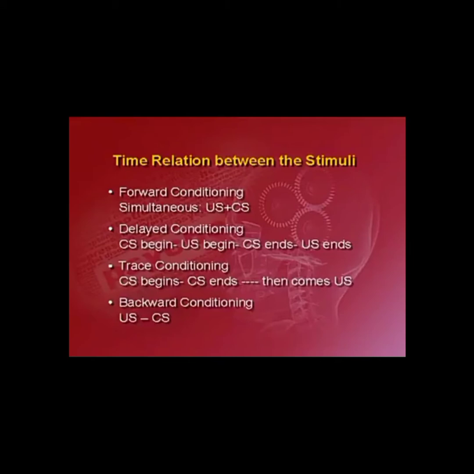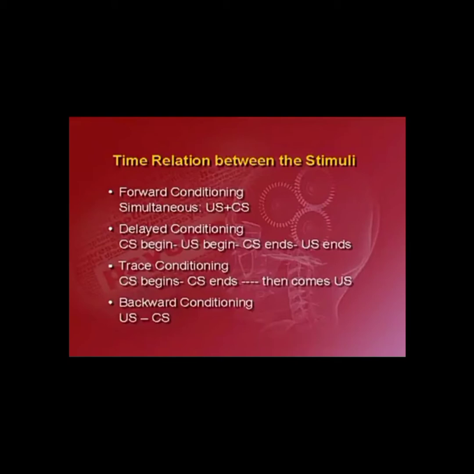Now let's see the next one, that is delayed conditioning. In delayed conditioning, children, the onset of the CS precedes the onset of the US, and the CS ends only with the end of the US. That is, a bell begins to ring and continues to ring till the food is presented. This type of conditioning gives a good result.